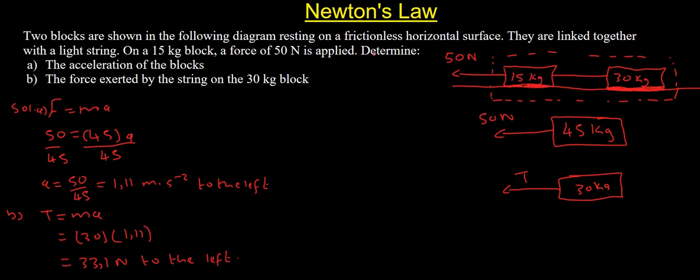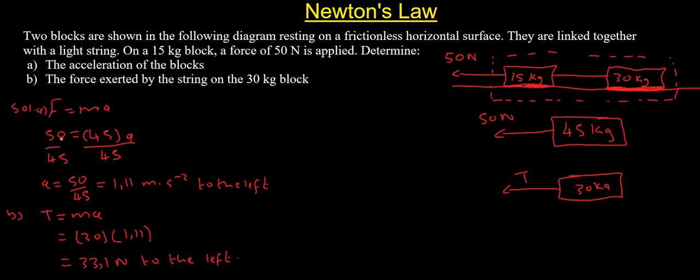Question number 1 asks the following: determine the acceleration of the blocks. Then we said, firstly, we take the whole blocks as one thing. We added the masses, 15 plus 30, and we got 45. Meaning 50 Newton is acting on 45 kg. Then to get our acceleration, F will be equal to mass multiplied by acceleration.